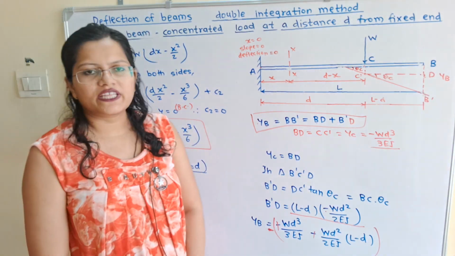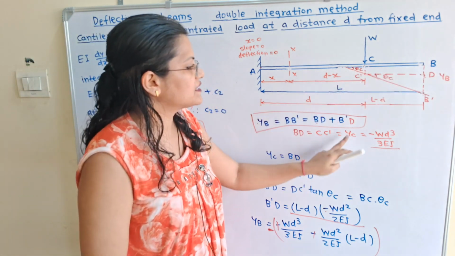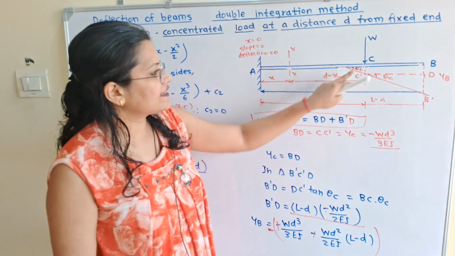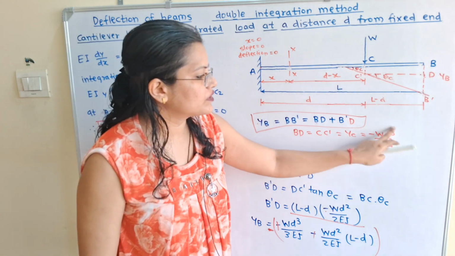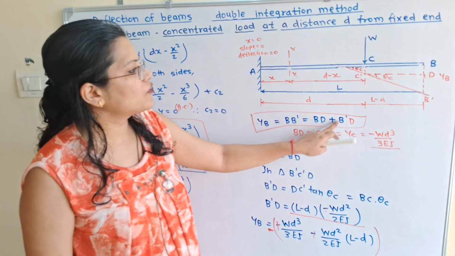If we observe the diagram, then BD is equal to CC dash and is equal to yc. So yc, that is the deflection at point C, we will put this value, minus W d cube by 3 EI. Now what about B dash D?